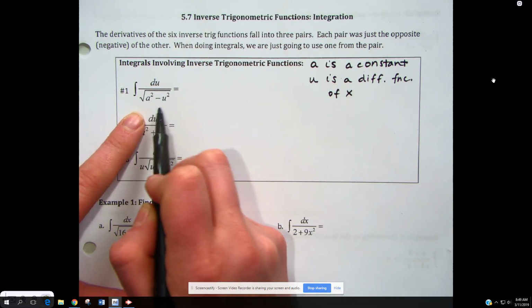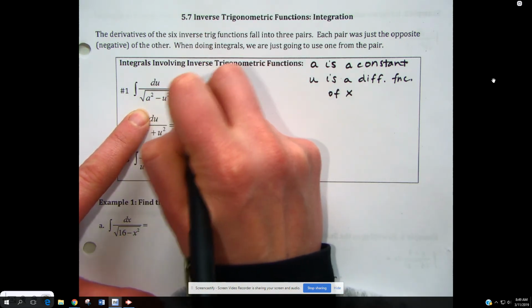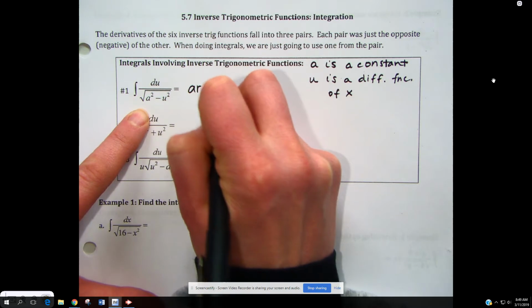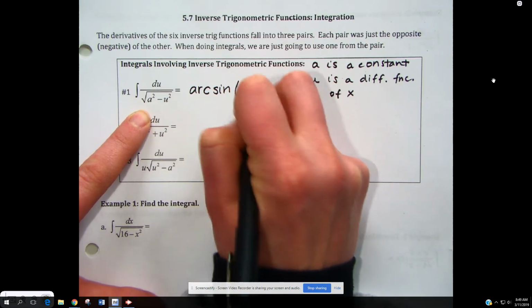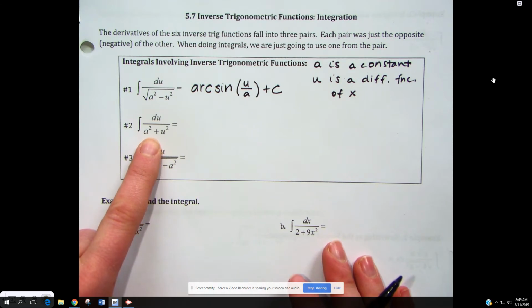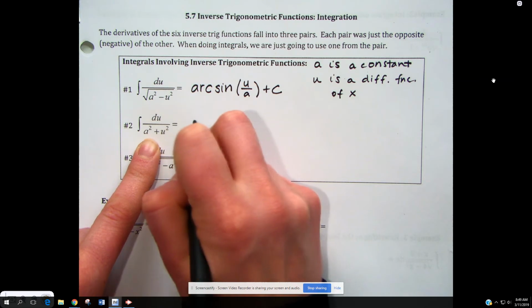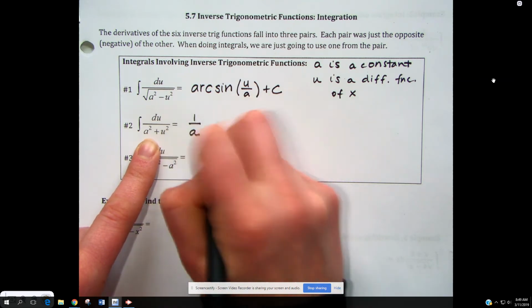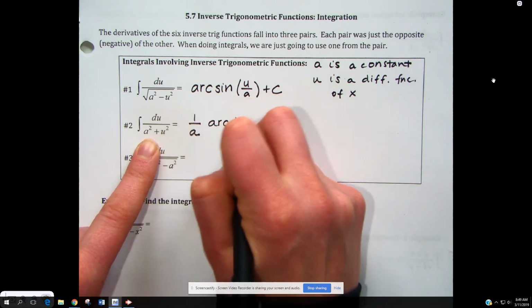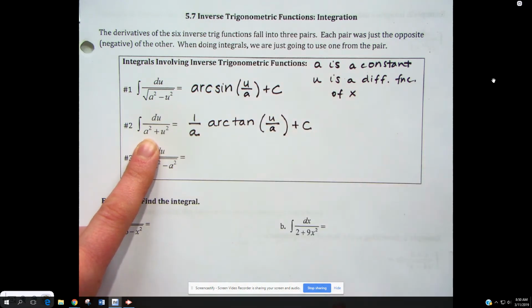Notice it's a constant minus that function of x. When you notice that, that is our arcsine pattern. And without the square root, we have a constant squared plus a function of x squared. That is our arctan pattern. And you want to memorize 1 over a arctan of u over a plus c.